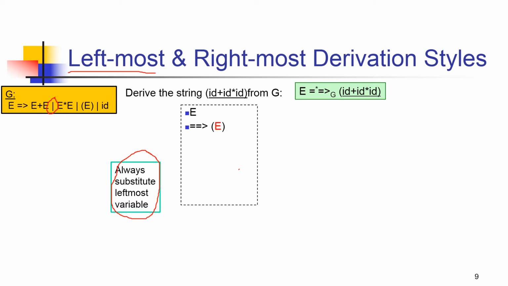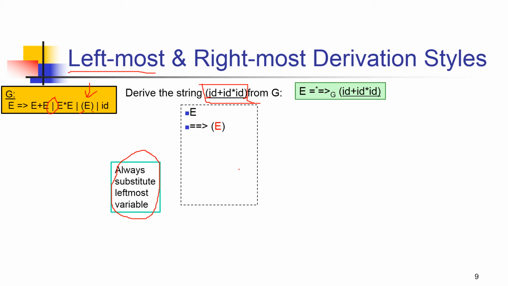Now suppose I got E. Since I want to derive this string, please make sure this string has brackets also. Most of the time we forget this bracket. We assume that this is normally written, but it's not a normal thing with respect to the string. The reason is we have one particular rule with respect to the bracket here.